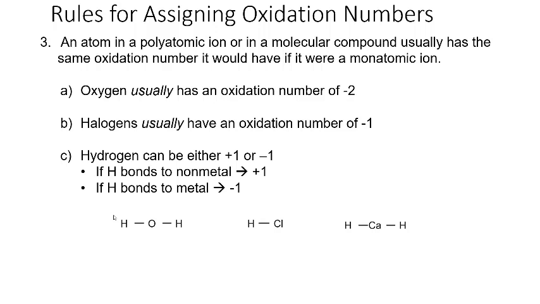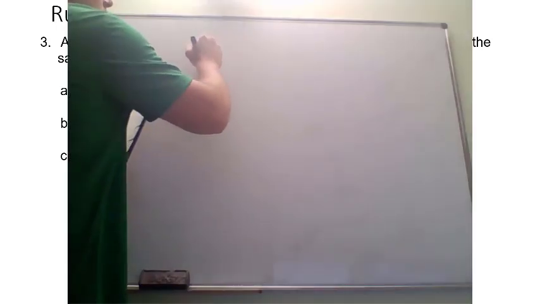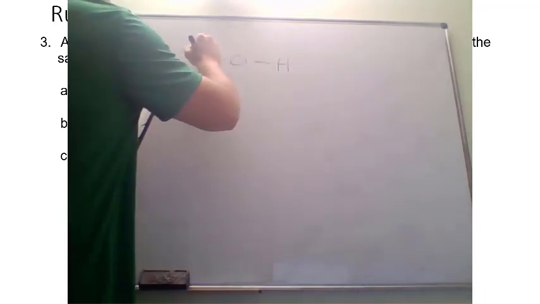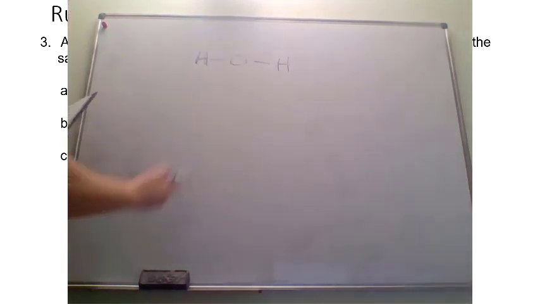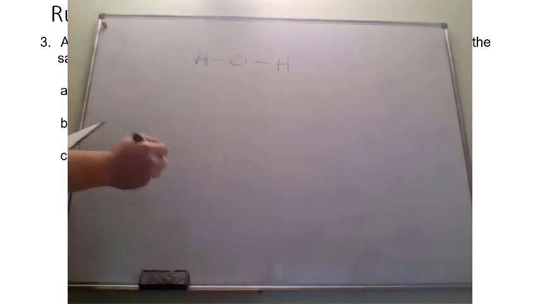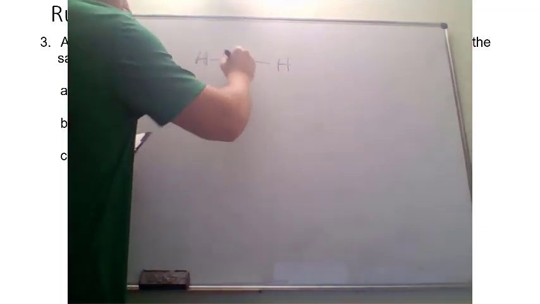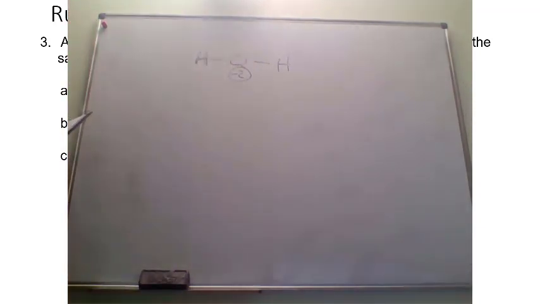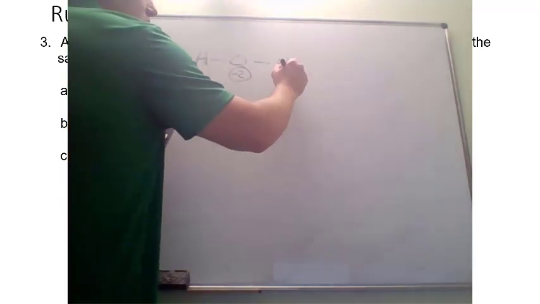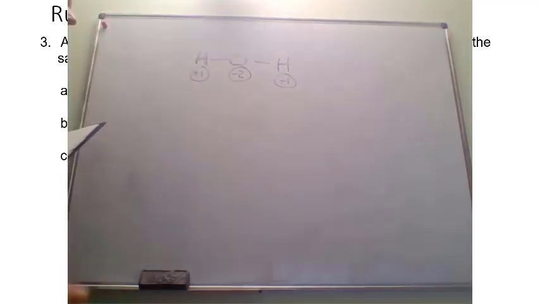So let's take a look at the examples that we have here on our slide. First H2O, so our hydrogen bound to an oxygen, bound to another hydrogen. We know our oxygen is going to have the oxidation number it would have if it was just the O2- ion, so that's going to be -2. And since oxygen is a nonmetal, we know that these hydrogens are each going to have a +1 oxidation number.